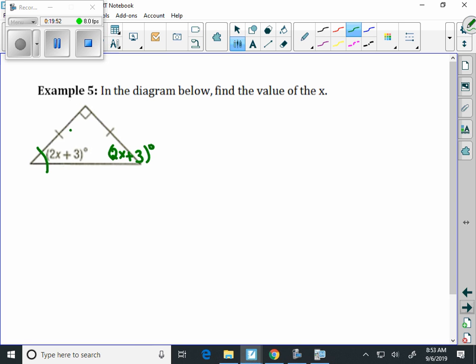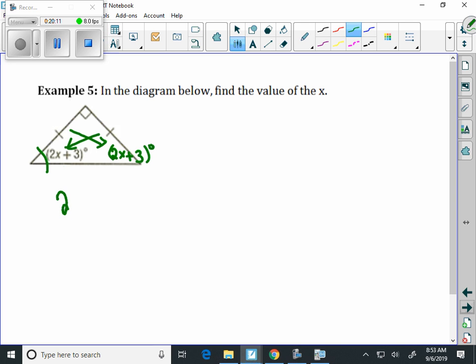And once again, for the same reasoning, angles opposite congruent sides are also congruent. And if we want to figure out the value of x in this problem, there's a couple ways to do it. I stick with this way. There's 180 degrees in a triangle.